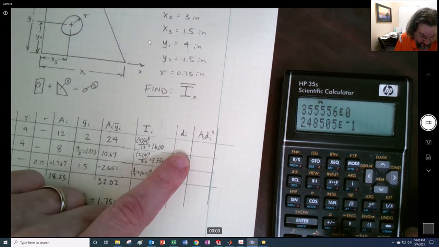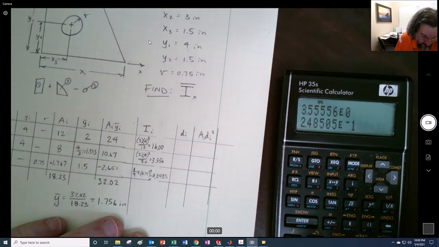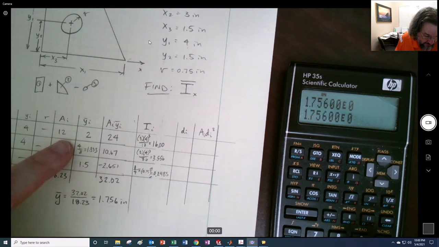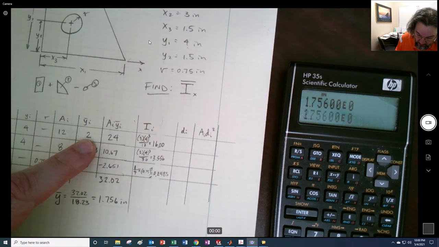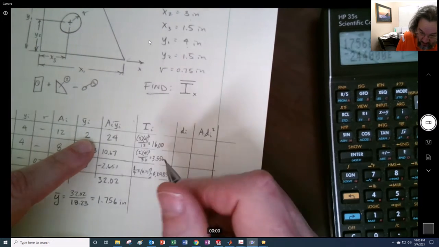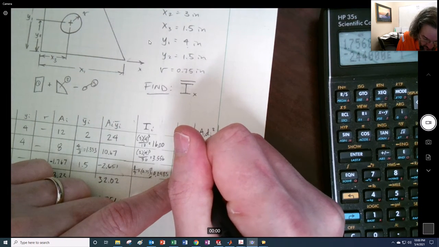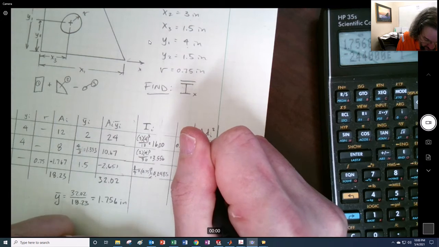So DI is going to be 1.756 minus 2. Or you could think of it the other way around, right? So it's going to be 0.244.